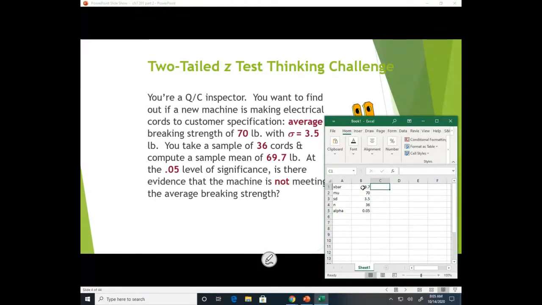The first thing we have to do is calculate the z-score, which we'll use to compare to our critical value.